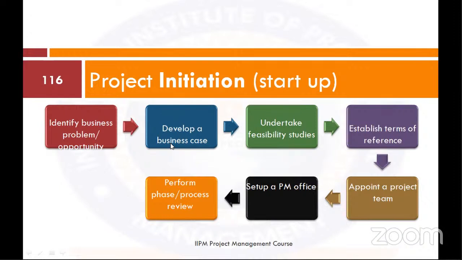You have information justifying that, yes, this problem is really worth investing in, is really worth counting time, energy, resources on. Now, after you've established your business case, you undertake a feasibility study.